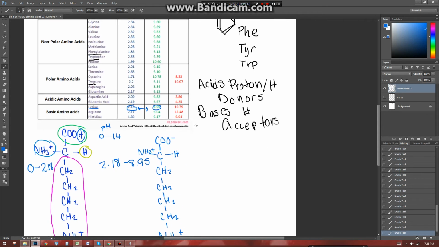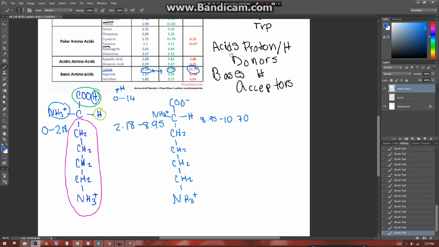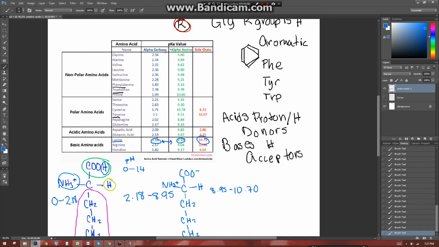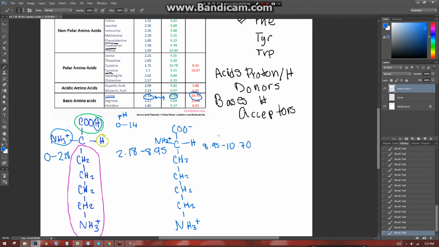And then from 8.95 to 10.79. Okay, from 8.95 to 10.79, it's going to lose the alpha amino hydrogen. So that's this one right here that is going to come off.